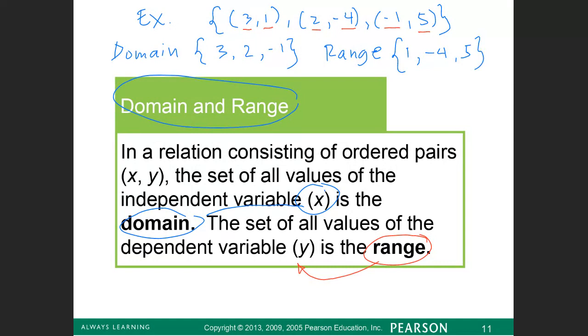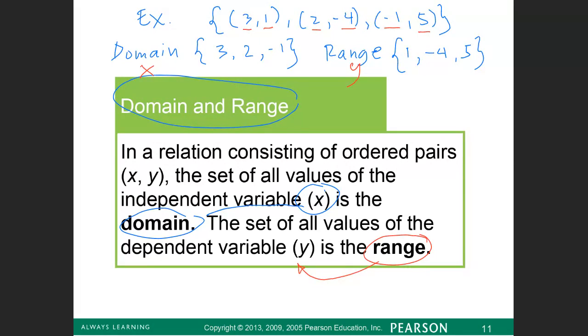So that would be the range. Again, domain refers to your x value. So domain would mean x, range would mean y.